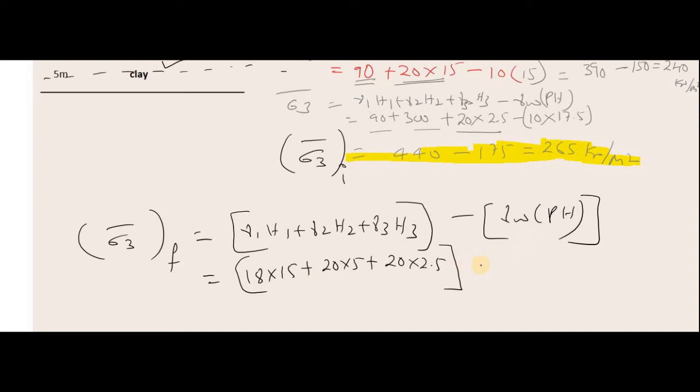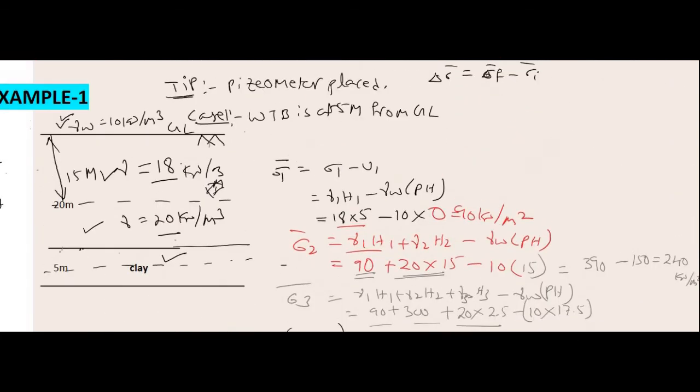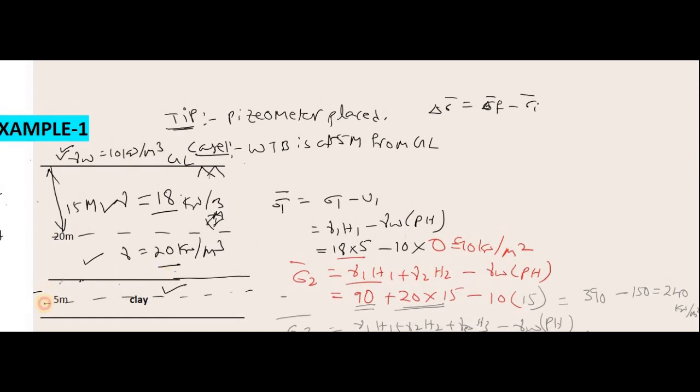Minus 10 into the pressure head. Where you want pore pressure, you have to assume there is a piezometer. The water level in the piezometer will rise till the water table location.